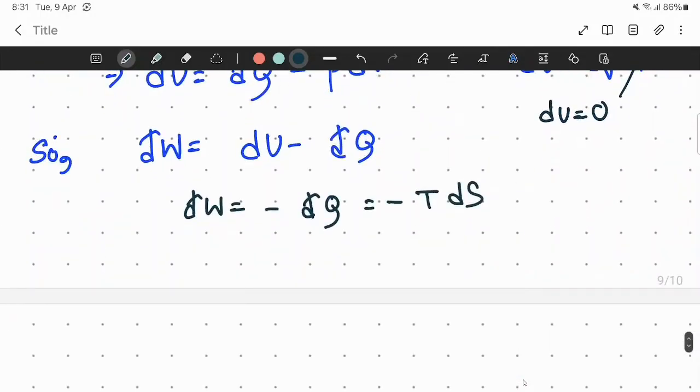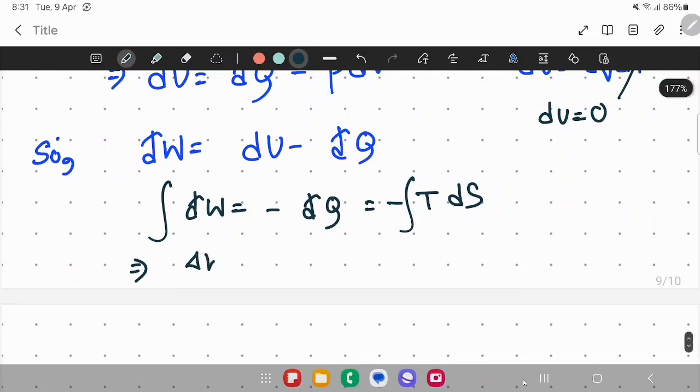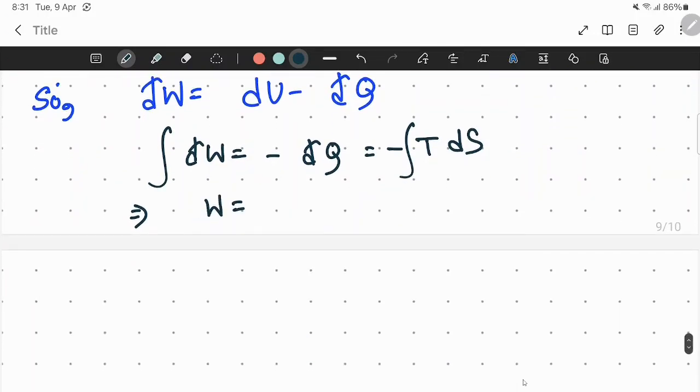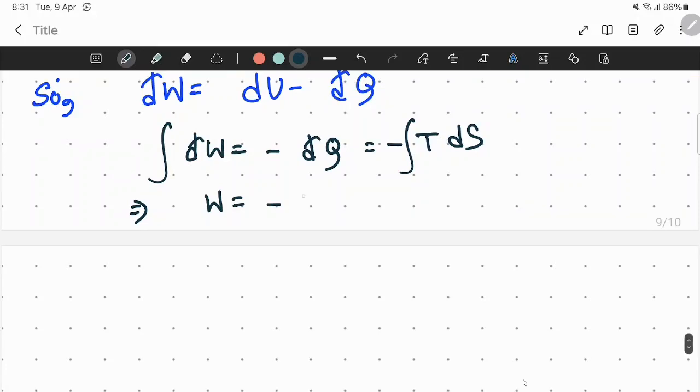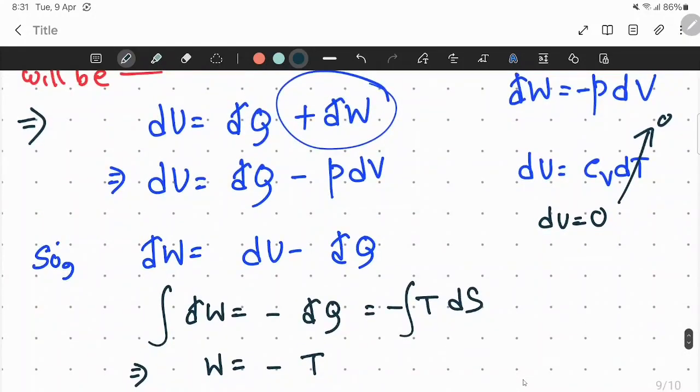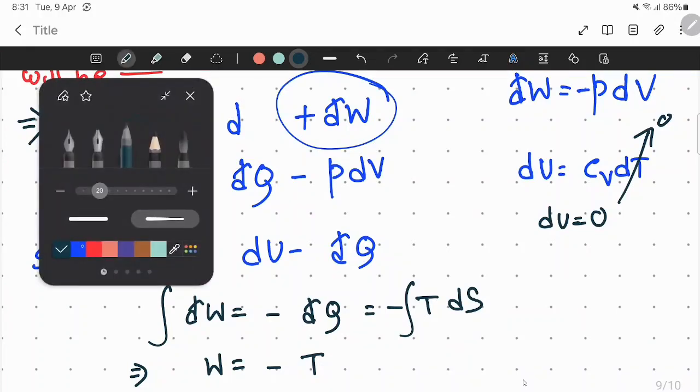Correct. Now we have to just integrate it isothermally. So it is delta W or W, that will be minus T. I think the minus will not be there. I don't know. Because there are two kinds of nomenclature, right?